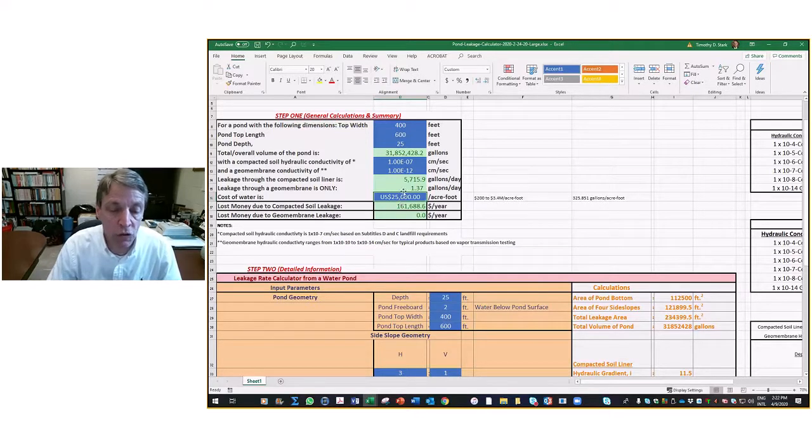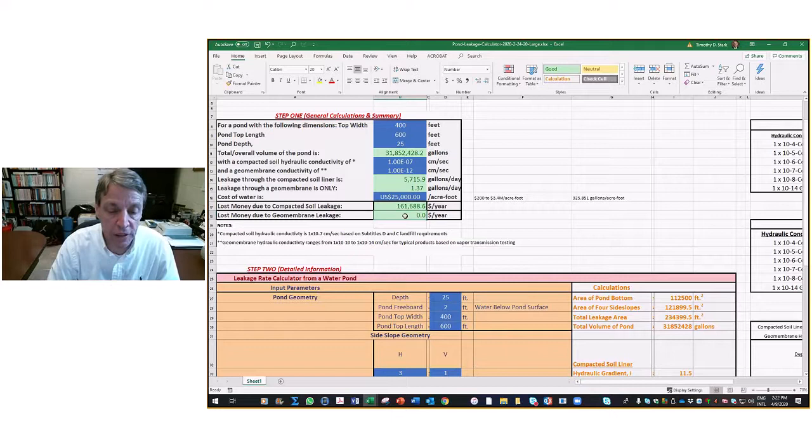And so using the leakage of 5,715.9 gallons per day, that would mean the owner would lose $161,688 per year of water by not using a geomembrane. And so this is very helpful for convincing owners of the benefits of installing a geomembrane to line a containment area.